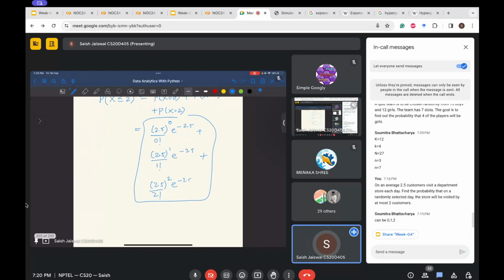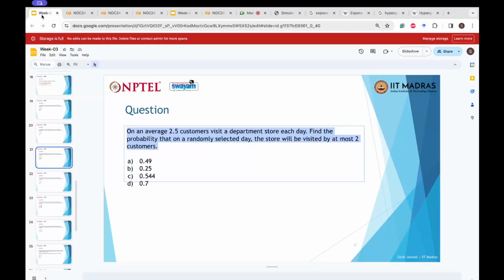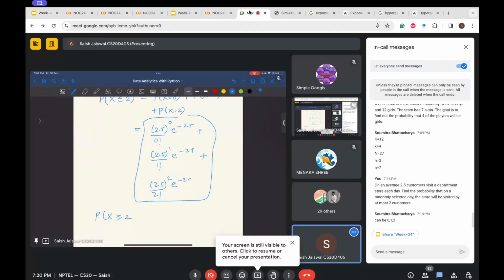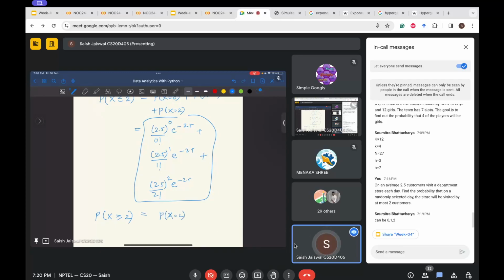Similarly, in the next question, it is asked that the store will be visited by at least 2 customers. So in that case, it will be X greater than or equal to 2. Now this is impossible to find directly, right? You cannot just simply sum P of X equal to 2 and so on, because there can be an infinite number of customers. So what will you do?